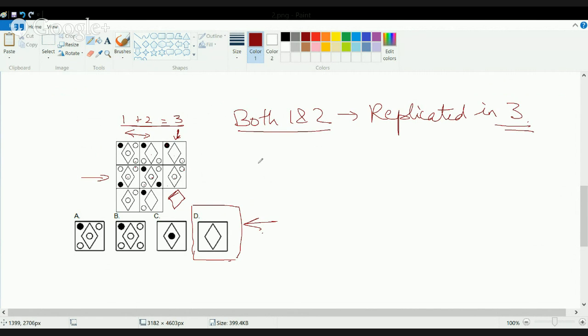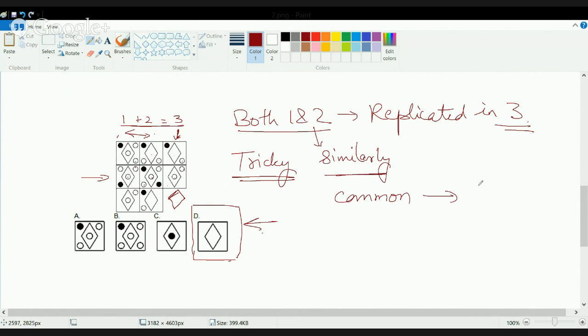So this is a very tricky question, I should say, which involves a much more mathematical approach or much more critical approach. Here what you are trying to do, I'll repeat it again, you are trying to understand figure 1 and 2, you are trying to see the similarities or add both figure 1 and 2, and whatever is common in both the figures, that only is replicated to figure 3.